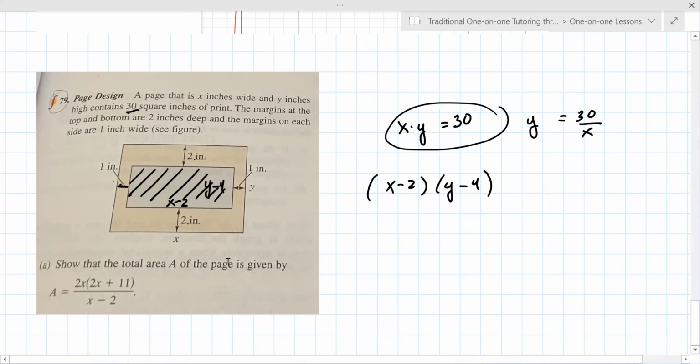The total area A of the page. Page is X inches wide, Y inches high, contains 30 square inches of print. Maybe they mean that this box is 30. Could that be?